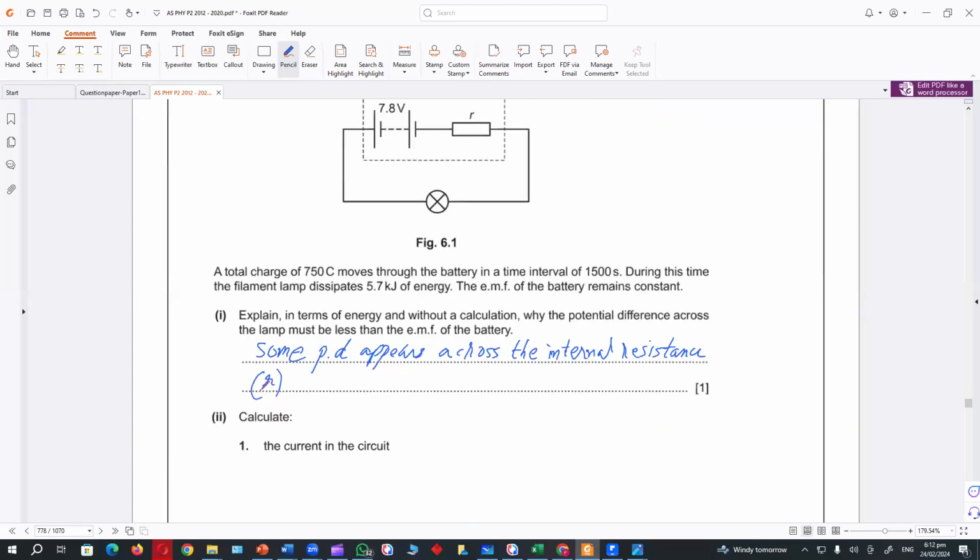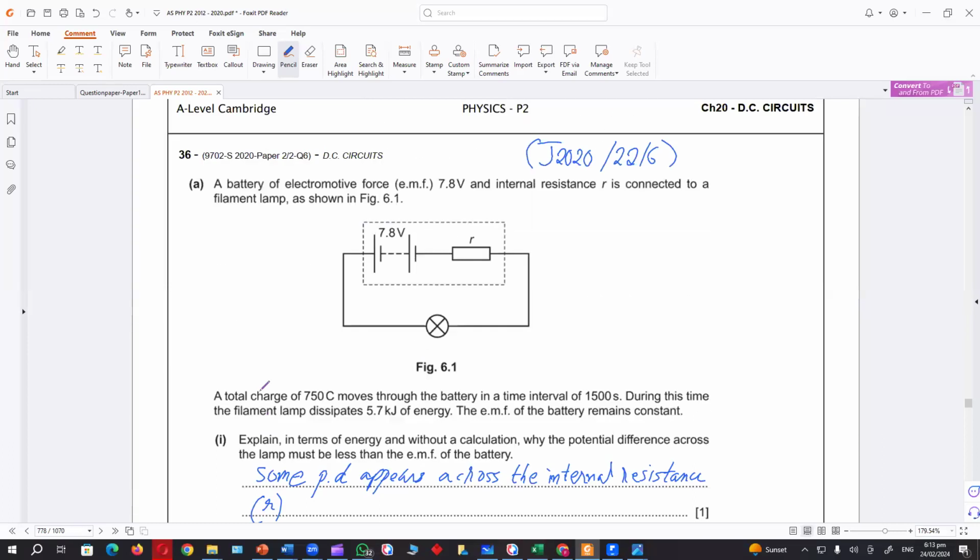DC circuits is the topic. Some of the voltage is lost across the internal resistance. So it's a battery of EMF 7.8 volt.